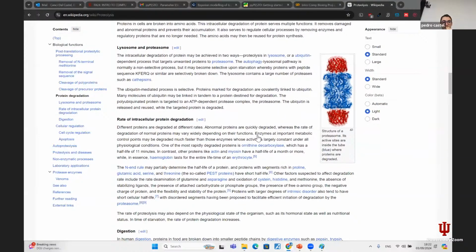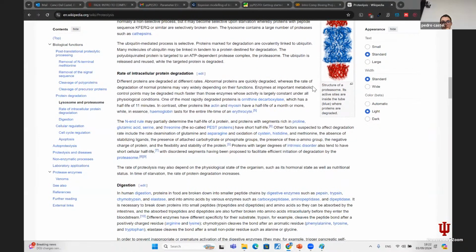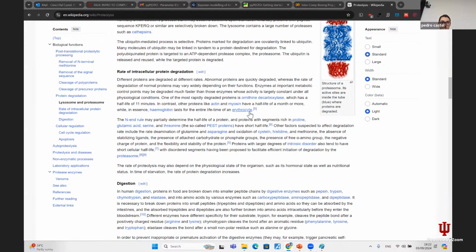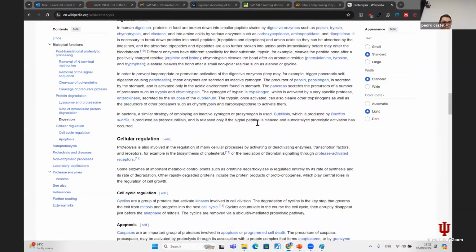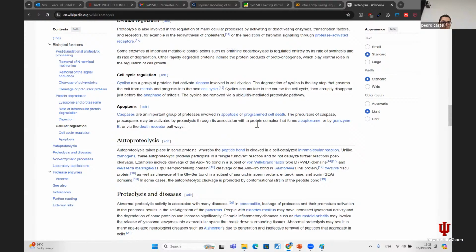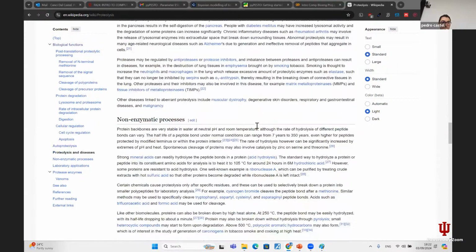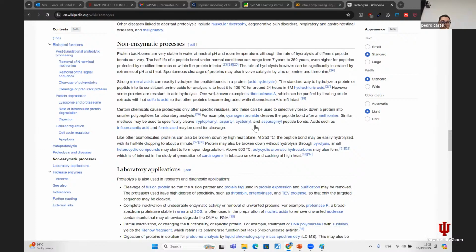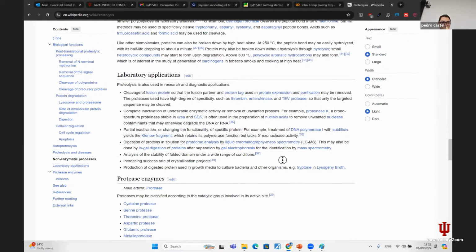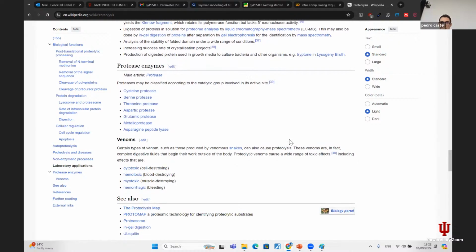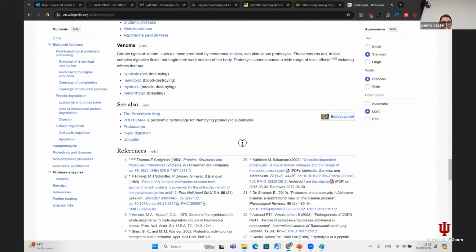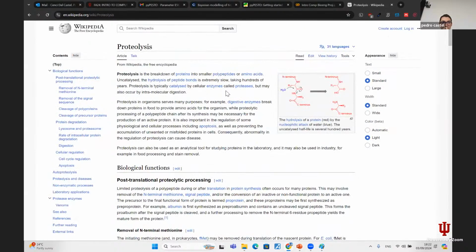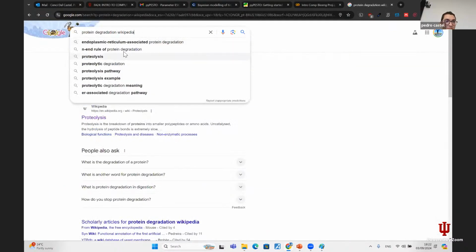Intracellular protein degradation. Yeah, that's much more complicated than we need.